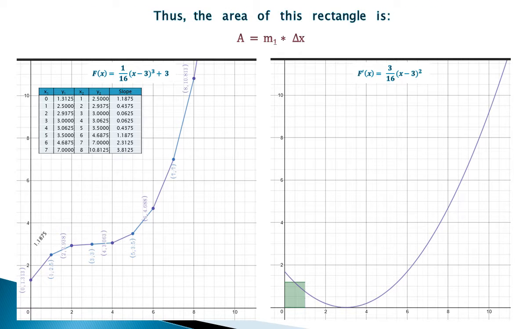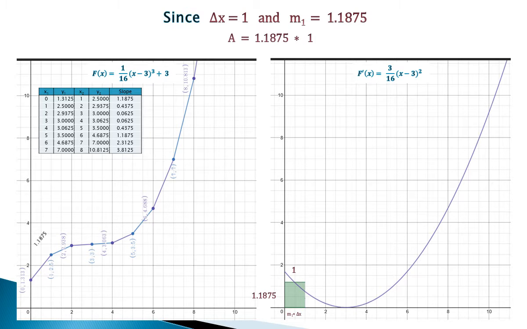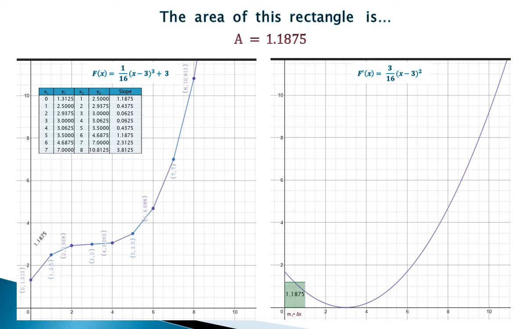Thus, the area of this rectangle is m1 times delta x. Since delta x equals 1 and m1 equals 1.1875, the area of this rectangle is 1.1875 square units.